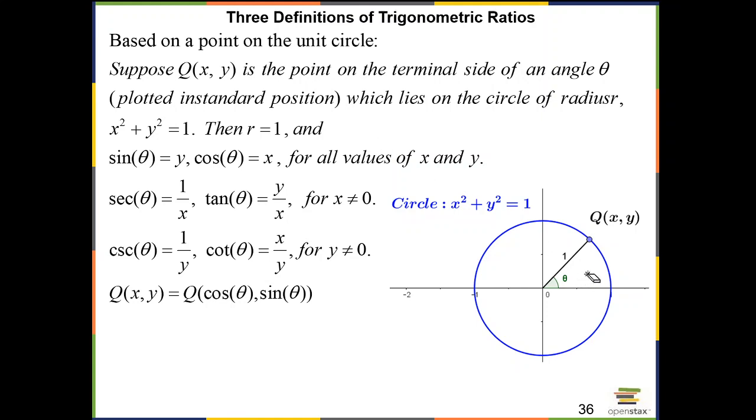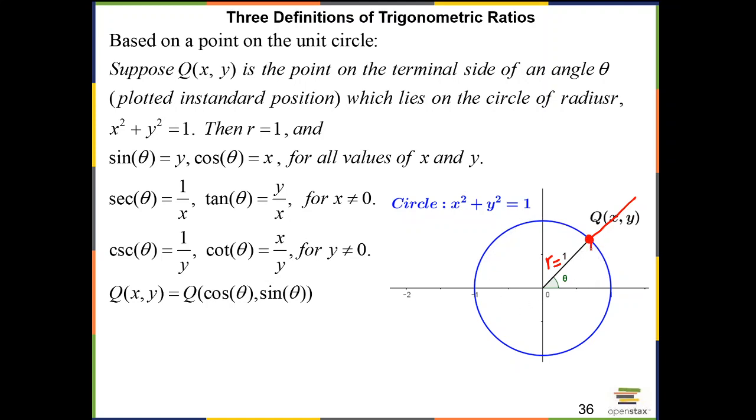So we're going to use the same setup, except in the third definition, we are going to put the point somewhere on the terminal side such that the distance r equals 1. So we make a unit circle.